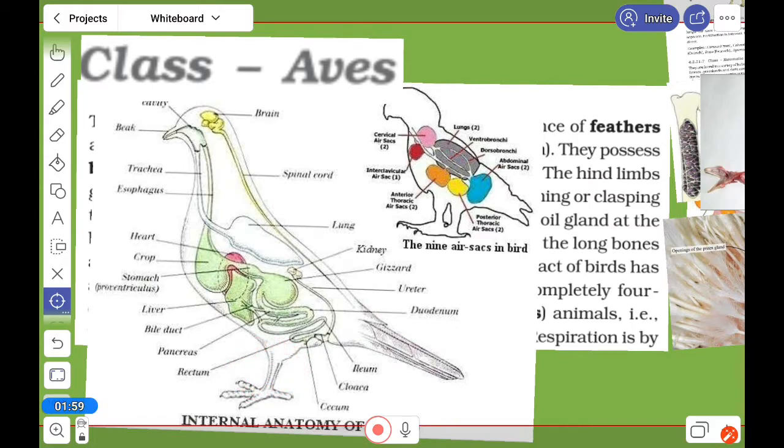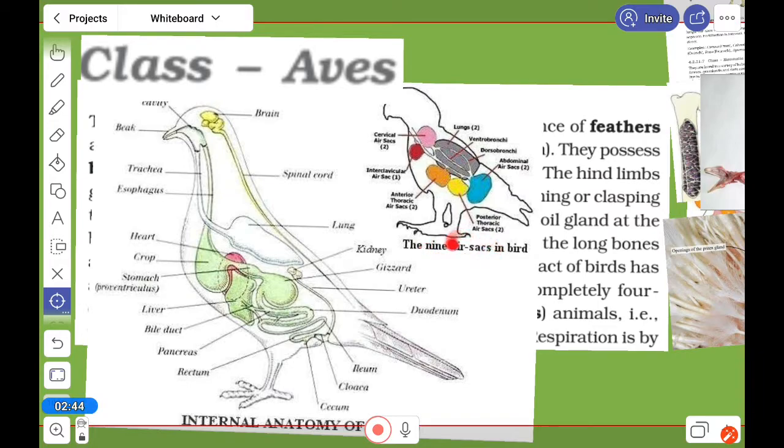They are tetrapods, and the other two limbs are converted into wings. They have some special characteristics you have to notice in the digestive system: the crop and the gizzard are there. Teeth are absent here, so that work is done by some other parts. They have a different kind of body design, the body is not very heavy, and there are some characteristics for flying.